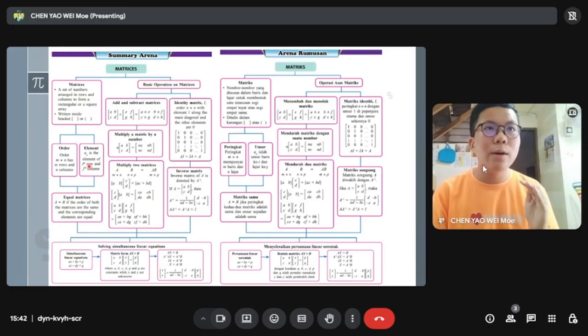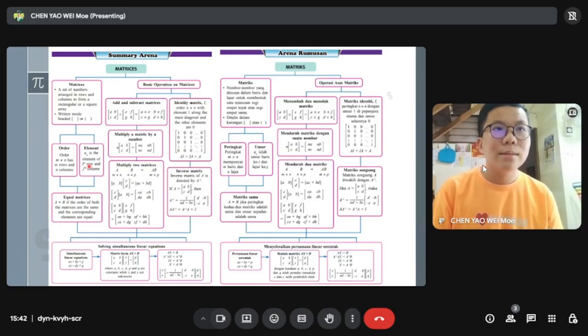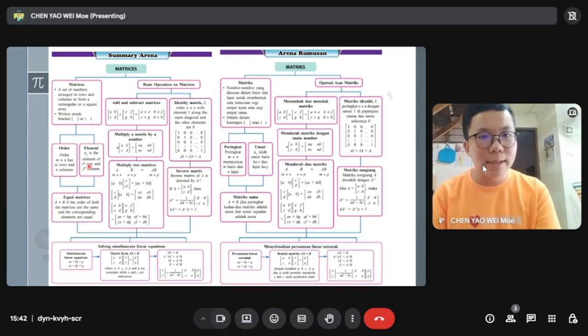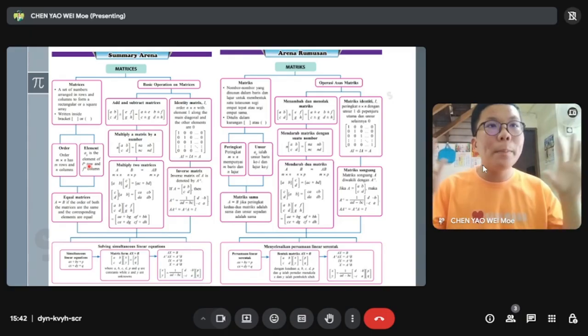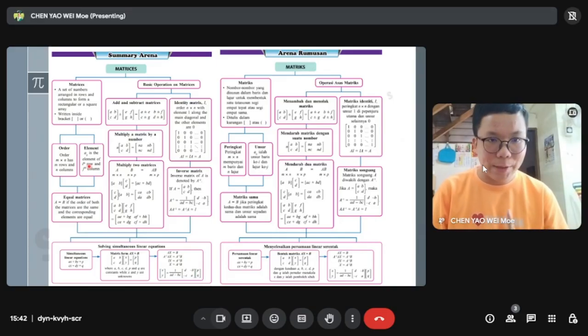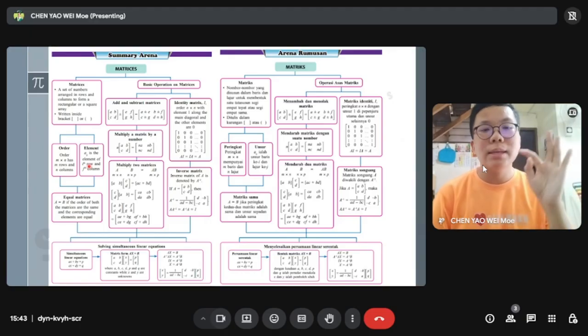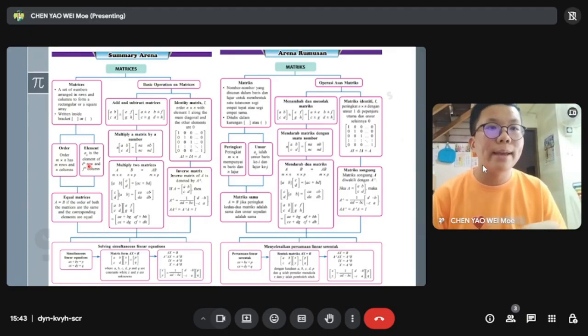Then we know how to add, how to subtract, how to multiply by a number for the matrix or multiply two matrices. And also we know the characteristic of identity matrix. And from identity matrix we can make the inverse matrix, and all these things we can use for solving simultaneous linear equations.